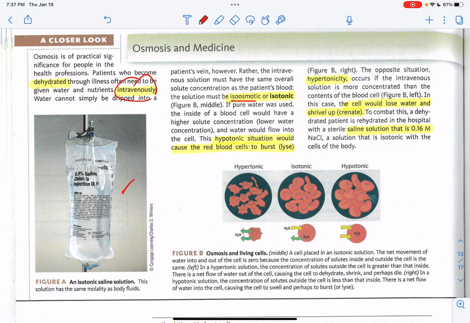Now, the reason the solution has to be isotonic is because whenever you have a membrane, like a cell membrane, whatever is more concentrated on one side of that membrane will try to diffuse through the membrane to go to the other side, which is less concentrated. Now, that membrane is going to have a certain size of pore.